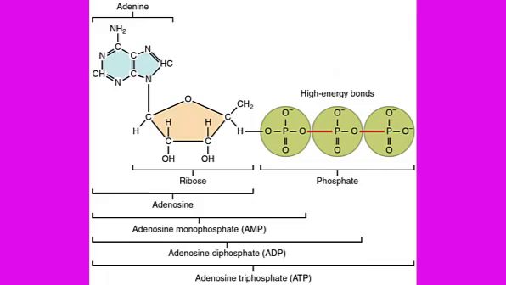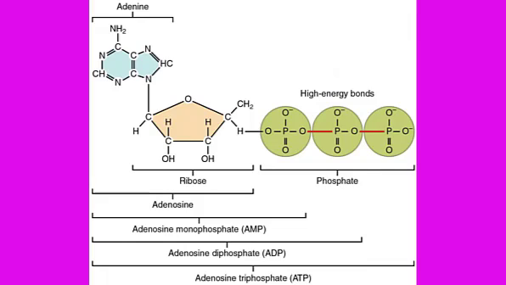And in the body, the energy released from these high energy bonds helps fuel the body's activities, from muscle contraction to the transport of substances in and out of cells to anabolic chemical reactions.